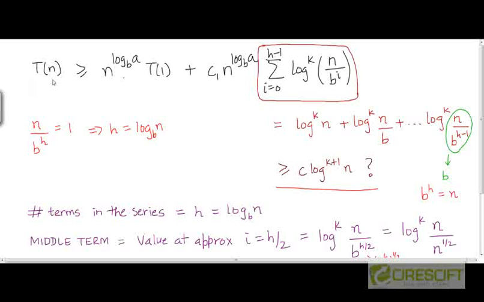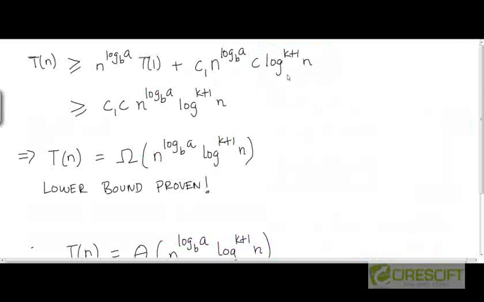So T of n will be greater than or equal to this first term plus c1 times n to the power log base b of a multiplied by some constant multiple of log to the power k plus 1 of n. And that's what I've written here. So this is the lower bound that we came up with.